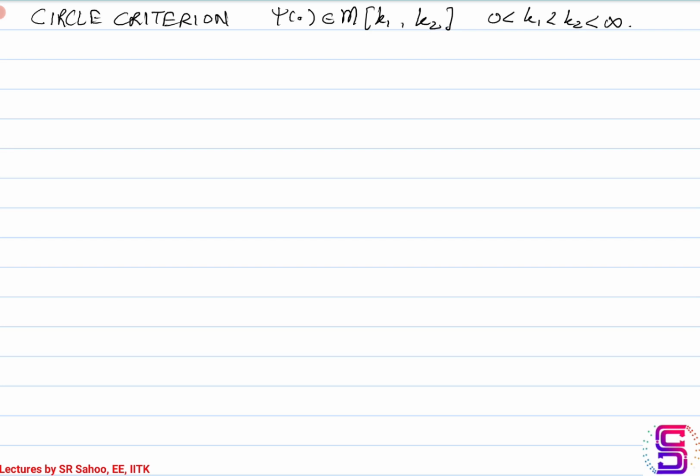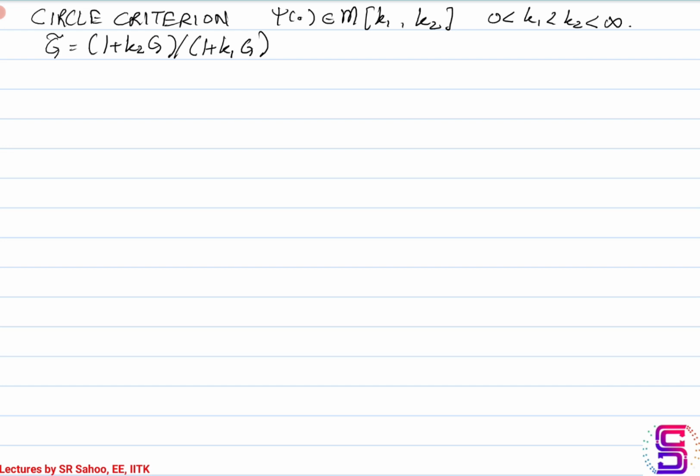To recall what it said: the G tilde transfer function that is got from the slopes k1 and k2 and the transfer function G is going to be strictly positive real if the Nyquist plot of G does not enter the circle whose diameter endpoints are at -1 by k1 and -1 by k2, and does not intersect the circle, and this circle is also encircled by the Nyquist plot of G in the counterclockwise direction as many times as there are poles of the transfer function G on the right half of the S plane. This is what the circle criterion stated.